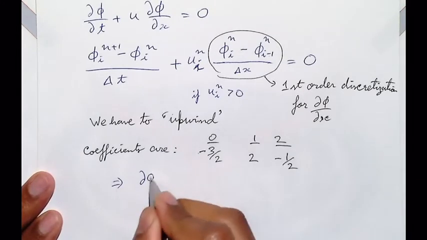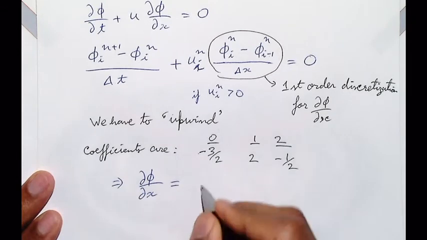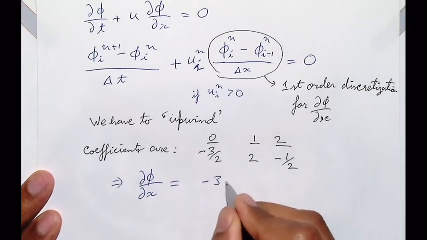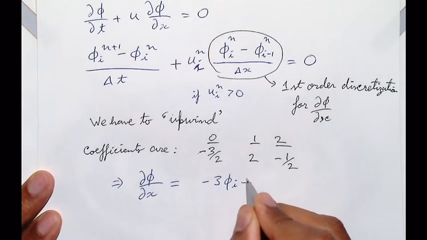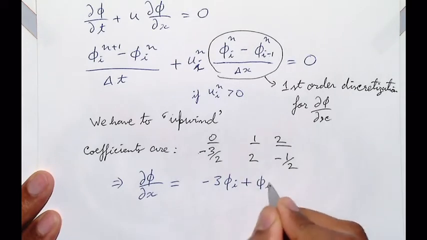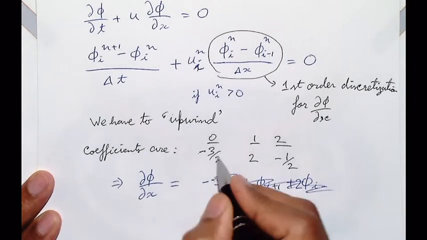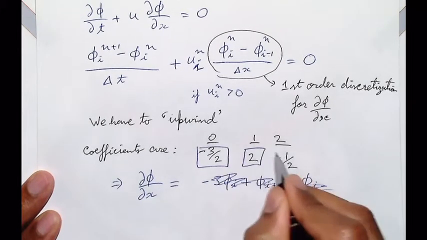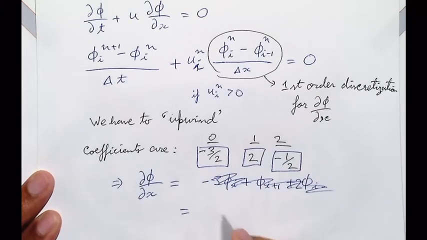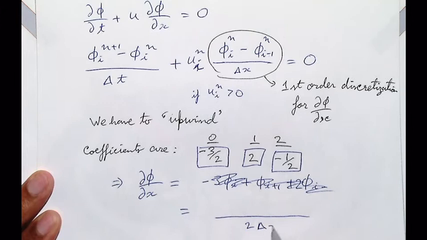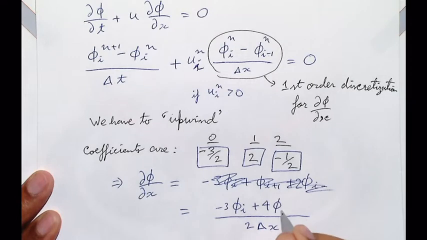So del phi by del x can be written as minus 3 phi I plus 4 phi I plus 1 minus phi I plus 2, over 2 delta x. Make sense?